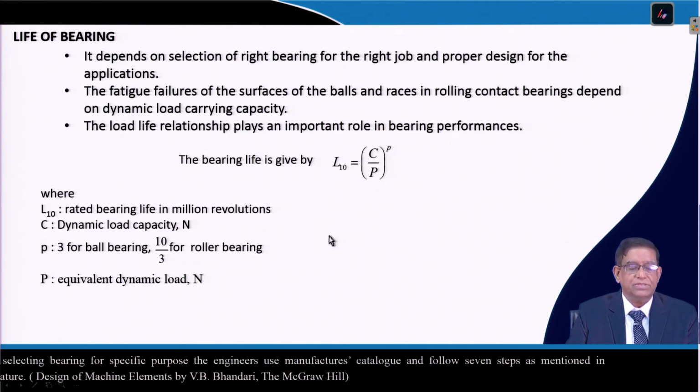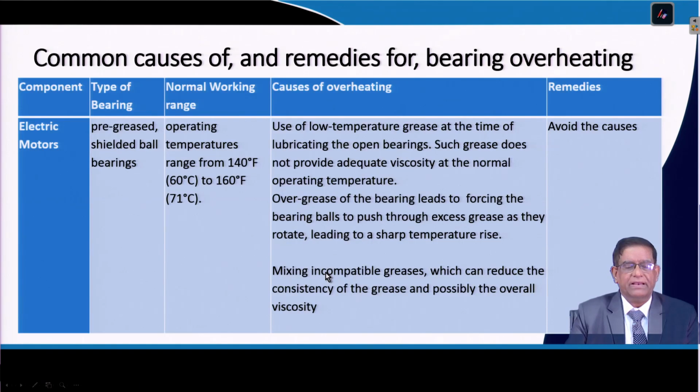Normally you can see the life of a roller bearing is slightly higher, because the exponent p is given as 10/3 here. The life of the ball bearing is related to the ratio of the dynamic load capacity and the equivalent dynamic load. In advanced mechanical engineering departments, you can see test rigs where the life of bearings is tested and then finalized.